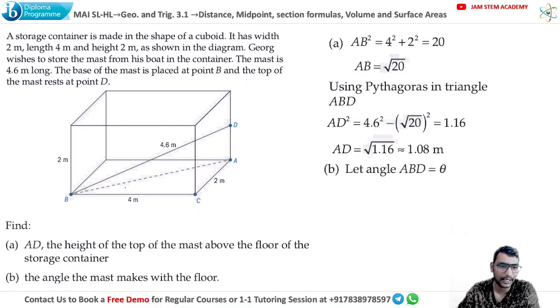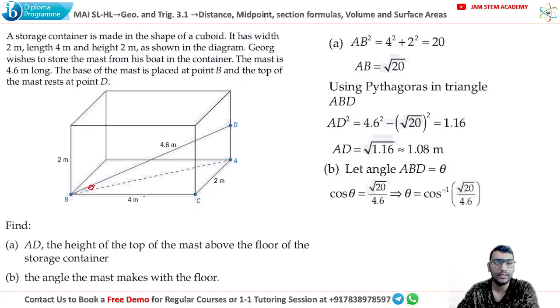Consider this angle as theta. We are looking for this value. In the triangle, we are already given all three sides, so you can use either sine theta, cosine theta, or tangent theta. That's totally up to you. If I use cosine theta, what is cosine? CAH, so it's adjacent over hypotenuse.